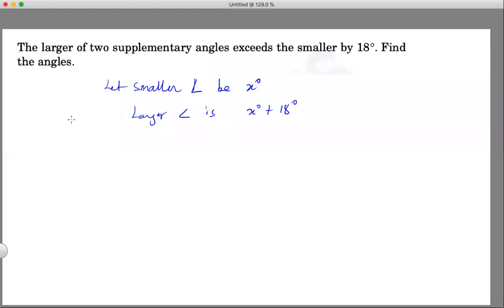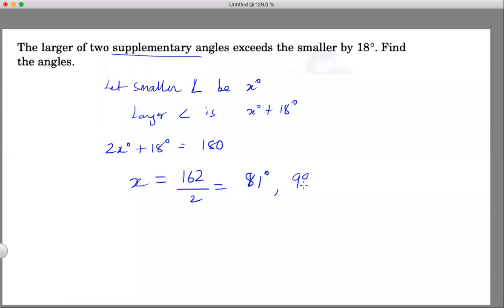And the total sum is supplementary. So one equation will be x plus y is equal to 180 and the other will be y minus x is equal to 18. So x is equal to 162 by 2. The value of x is 81 and the value of y is 99. Okay, so plus 18 gives 99, right.